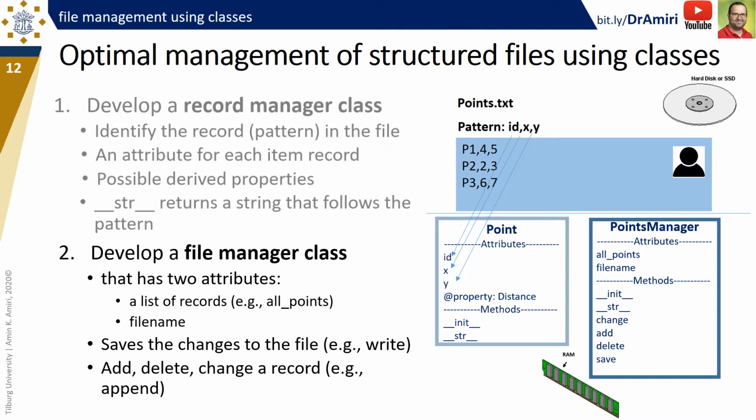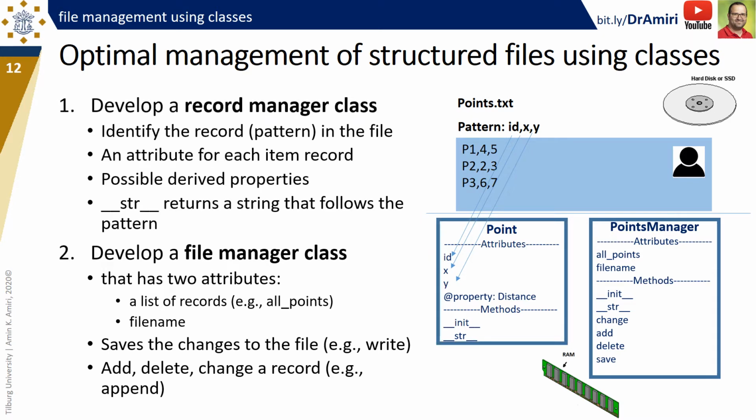To develop a record manager class, first you need to identify the pattern in the file, the record in the file. As you know, the items in a record can usually be identified as separated by a comma or a vertical line or something like that.